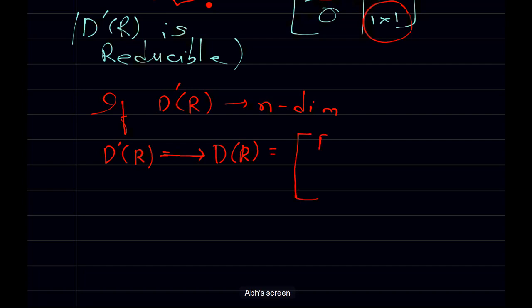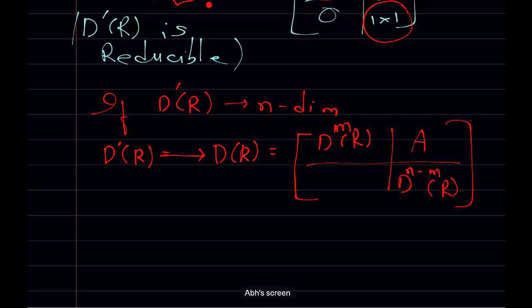It turns out to be some D1 of R and some D. Okay, let me write D m here, and let me write D n minus m of R. If I write it like this, what do you see?